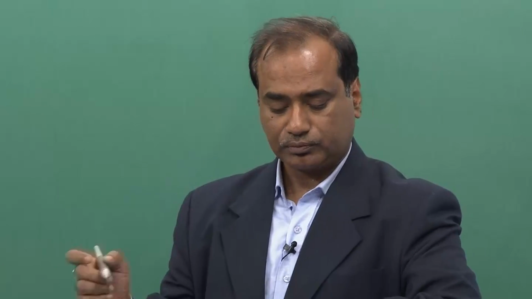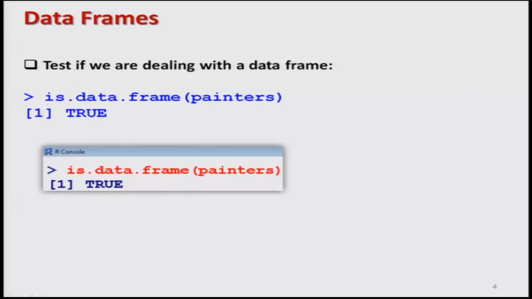In order to test whether a given data set corresponds to the structure of a data frame or not, we use the command is.data.frame, where these three words are joined by full stops as delimiters, and inside the argument we write the name of the data set or data frame.